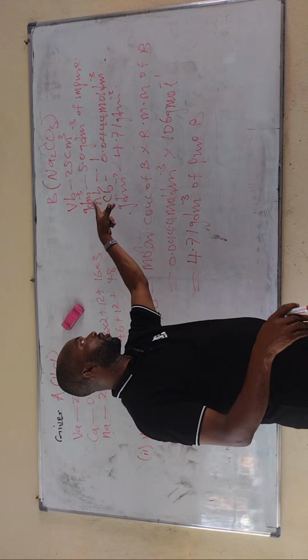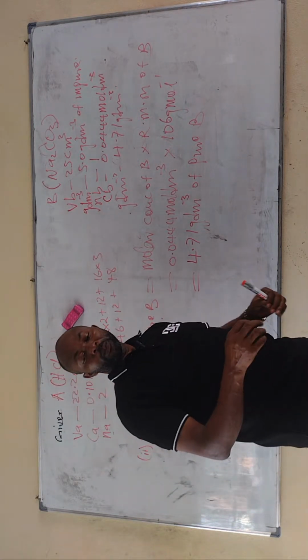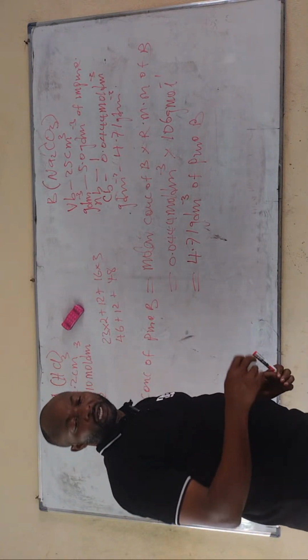Although that of impure is low, which is 5.0, we still have 4.71 for the pure. So we are good. Let's proceed to get the percentage.